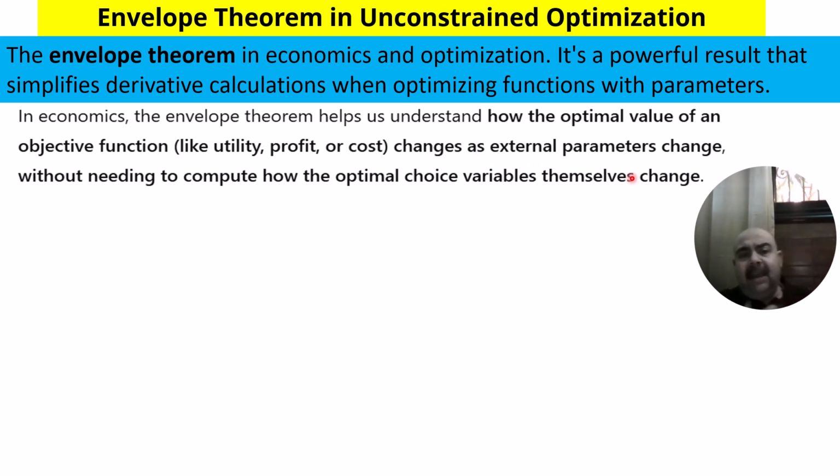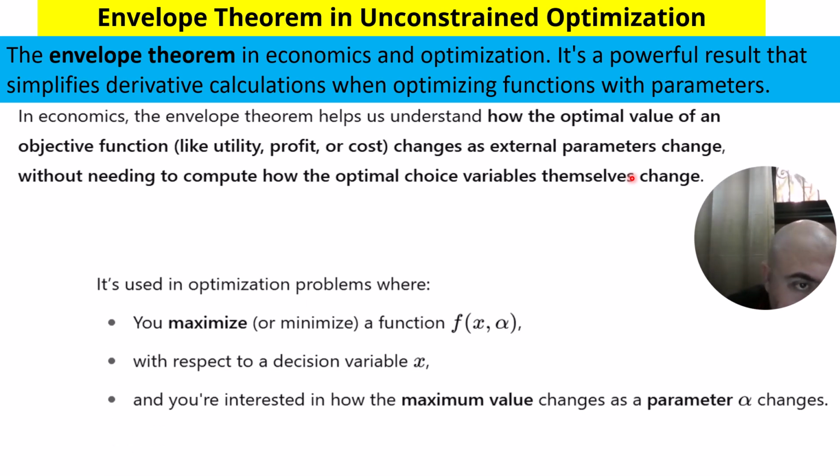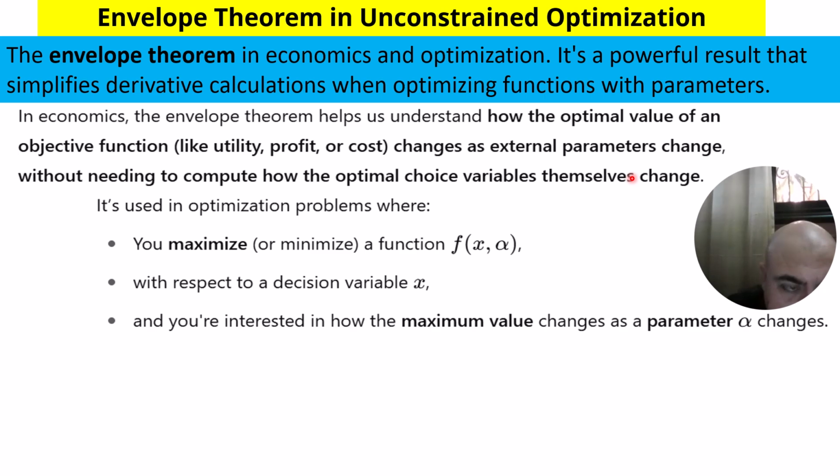So this will help me. The envelope theorem lets me speculate the behavior of the objective function without resolving the problem once there are minor changes of an external parameter already embedded in our solution, without needing to recompute. It's used in optimization problems of course.